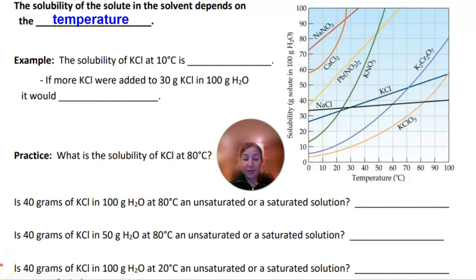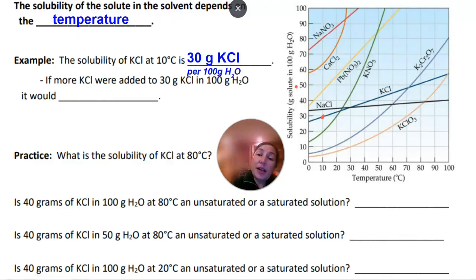So let's dive in and look for an example. The solubility of KCl, potassium chloride, at 10 degrees Celsius. So we go to 10 degrees Celsius and we go up to this KCl line. It looks like it's this dark blue, about right there, and I would say it's right at about 30 grams of KCl.